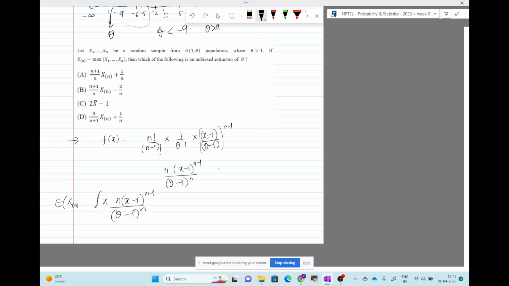Unbiased estimate of theta means the expectation of Xn, right? Okay. Then this integration comes to n theta by n plus 1 plus 1 by n plus 1.